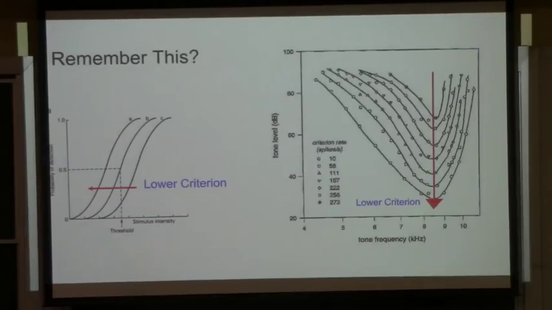Okay, so remember this, when you lowered your criterion, you shifted the psychometric function. So if you are shifting the psychometric function, you're shifting the threshold with it. So if your threshold is becoming lower, that means the tuning curve is shifting down. So if you're decreasing your expectations, you're becoming less picky, your threshold is becoming lower, your tuning curve shifts down.